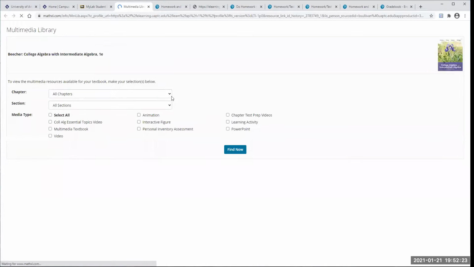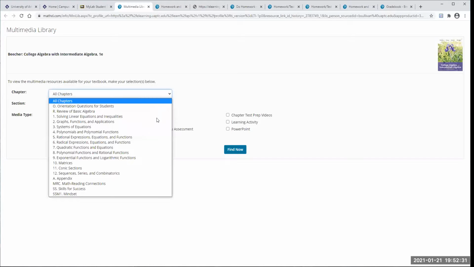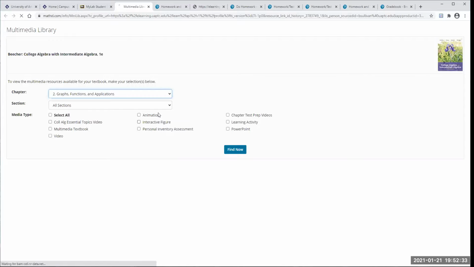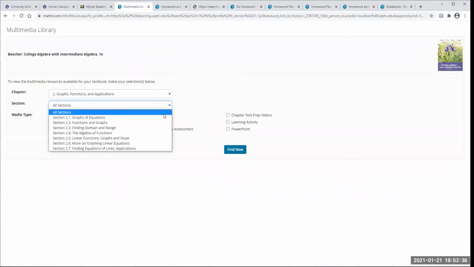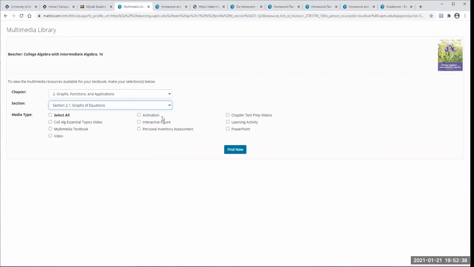Those are all, no, hold on, baby. And you select the chapter that you want, and just let's say you want to do 2.1 section, and it says find. It will tell you there's not any media resources on that one, I guess.